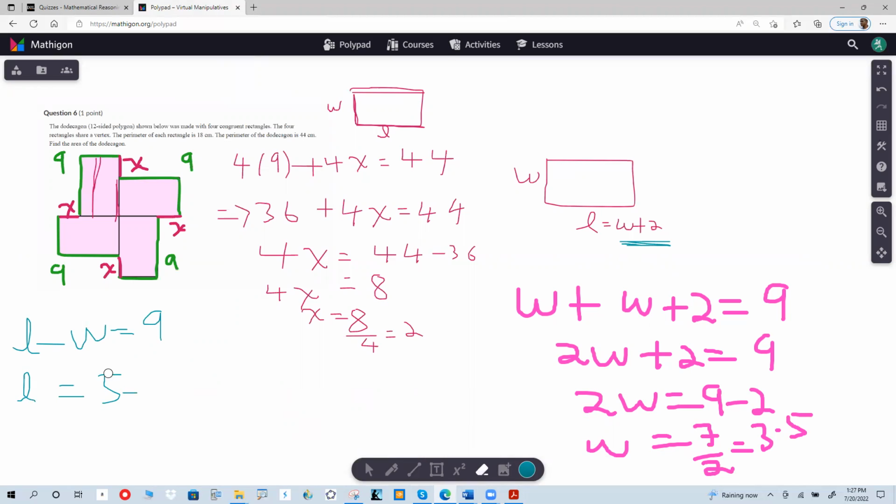Okay, L plus W is 9, and you also know L is equal to W plus 2. W is 3.5, that's 5.5.